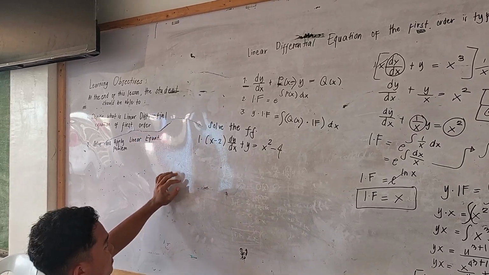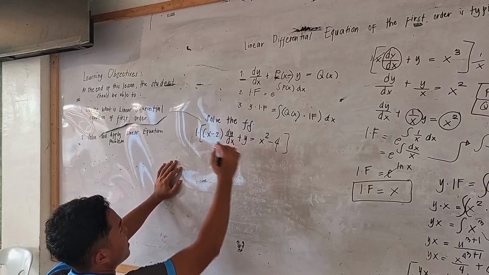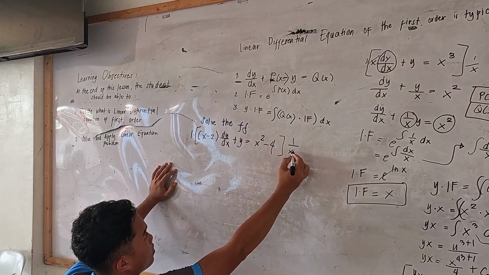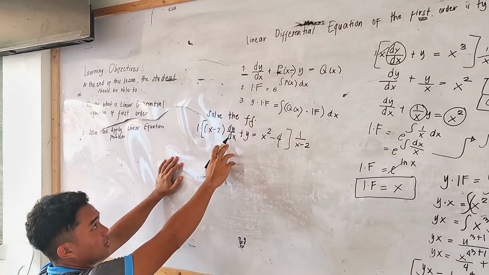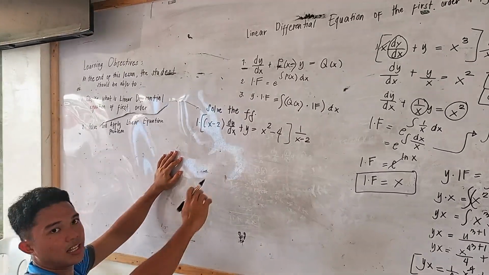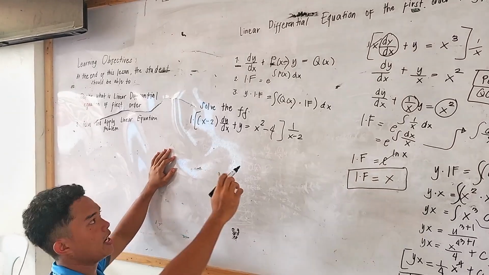So now, we need to divide both sides by x minus 2 so that dy over dx will remain as our rule in order to identify the p of x and q of x.